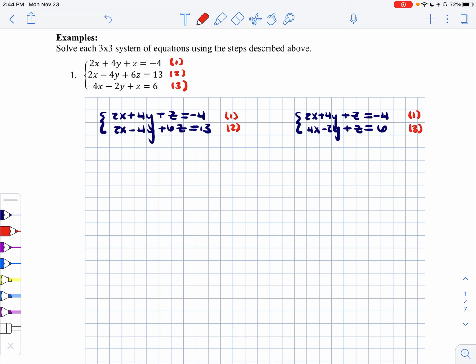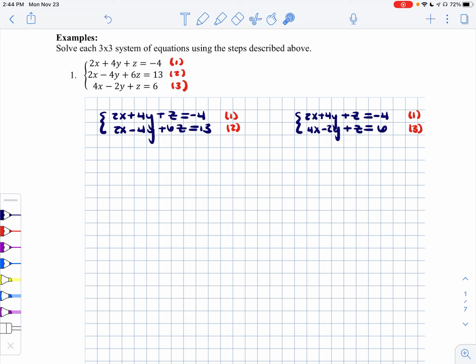Now what we're going to try and do is within both of these two pairs, eliminate the same variable from both pairs. It doesn't matter what variable you eliminate. You can choose X, Y, or Z, but it's important that you do the same variable both times.